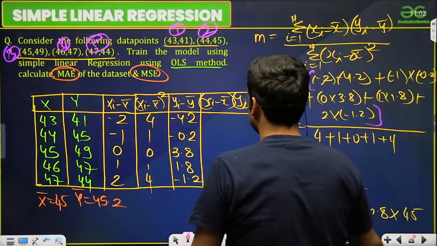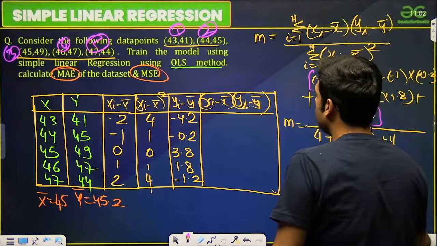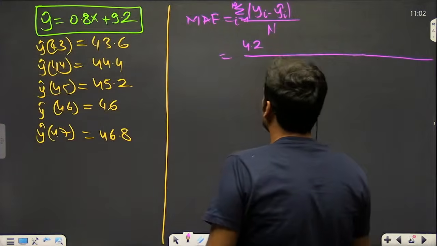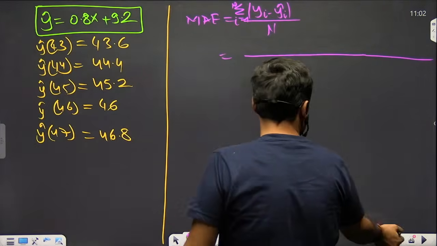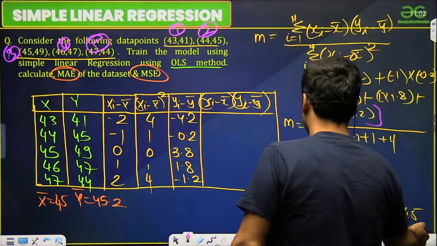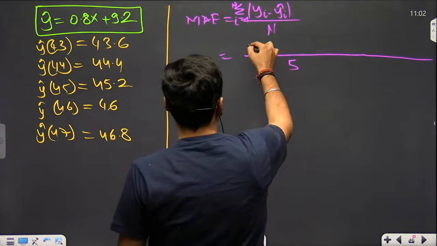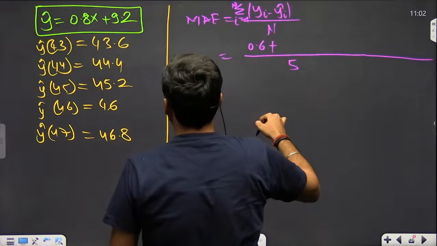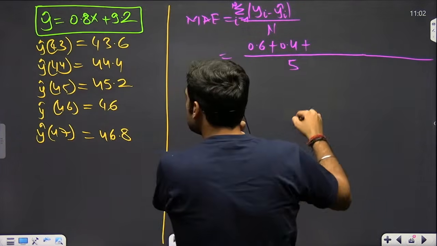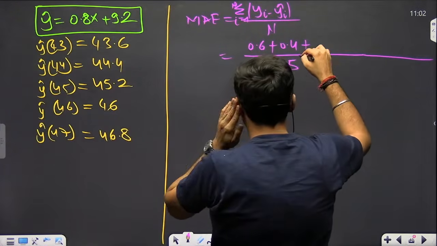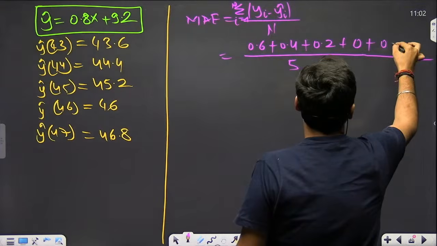So I would be adding yi minus y hat. So 43 to 0.6 plus 0.4 plus 0.2 plus 0 plus 0.8.